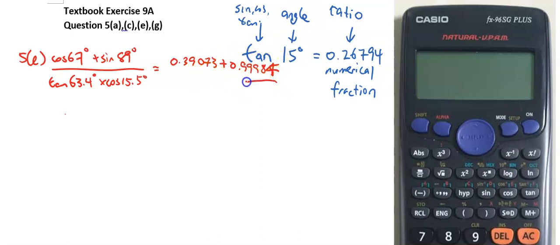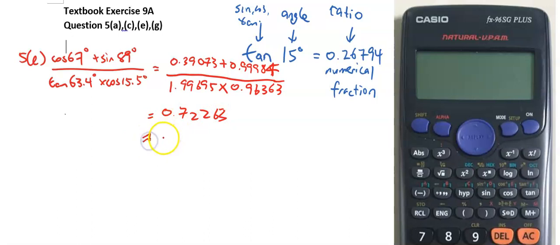And divide by tangent 63.4, 1.99695, multiply by cosine 15.5, 0.96363. You can now use your calculator to evaluate these values. So you will get 0.72263. Round off to 3 significant figures, 0.723. 3SF, not 3 decimal places, 3SF.